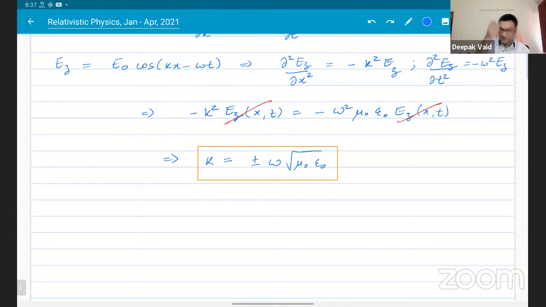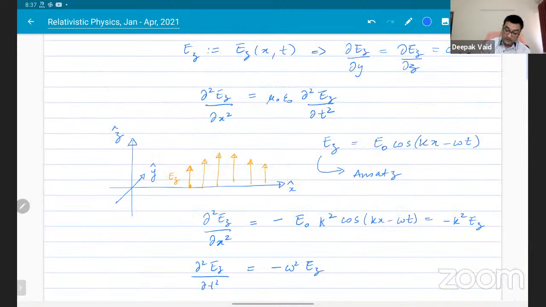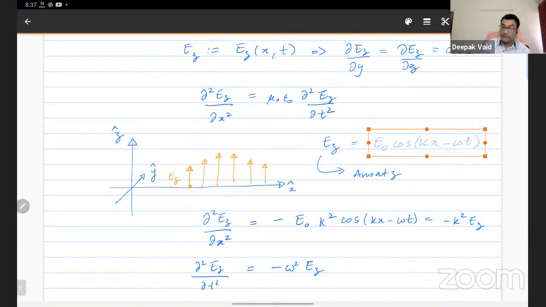How should I interpret this? Well, this is a plane wave. This is the expression for a plane wave.